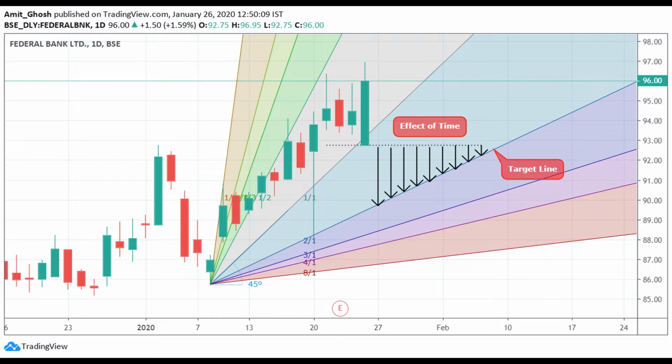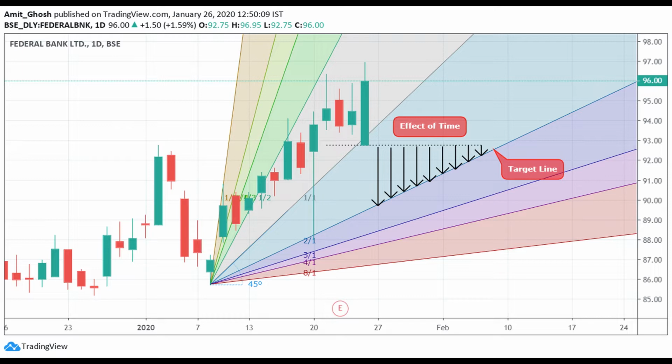Now as you can see, if we want to hit our target tomorrow itself, the price needs to fall by a huge number of points. But as the days go by, you can see the amount of fall is decreasing over time. And in fact, if we just wait for the 7th February, our exit point will come automatically even if the stock doesn't move.